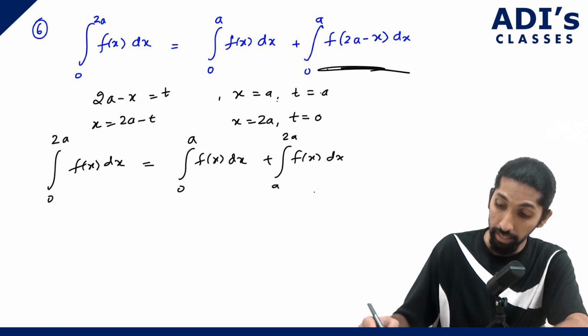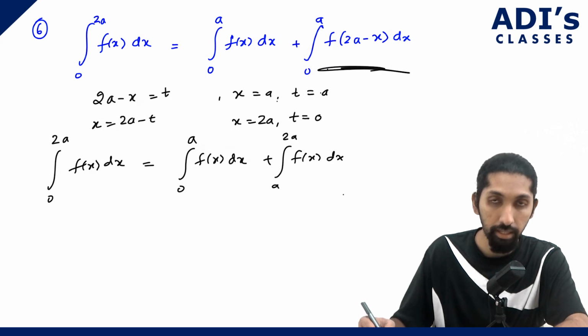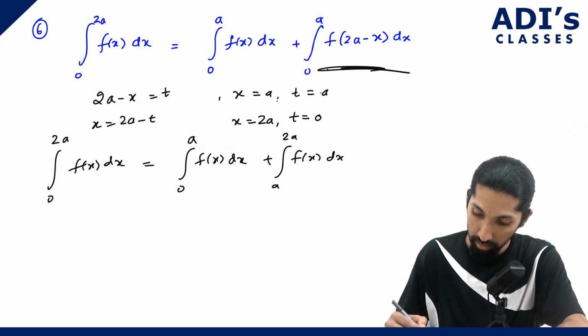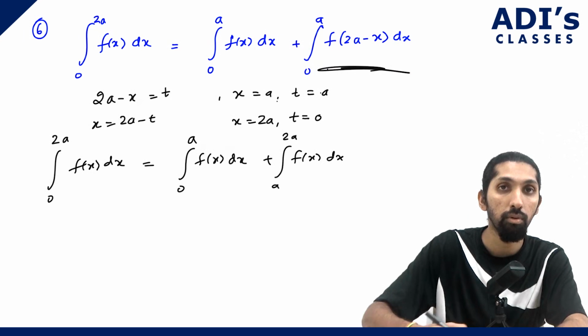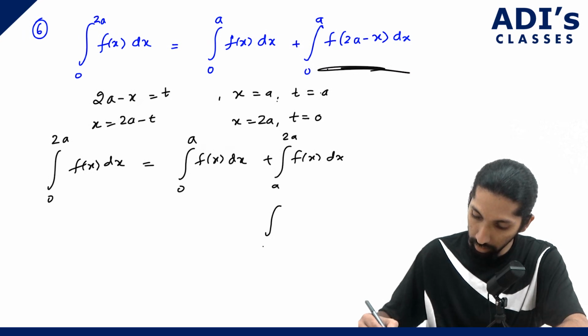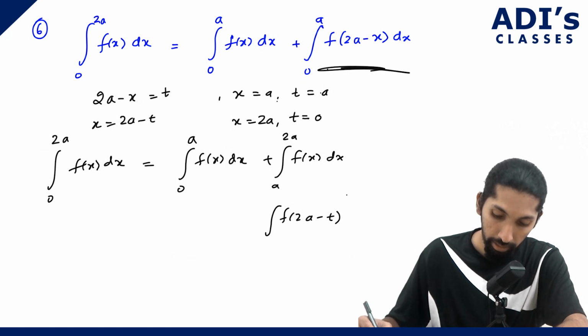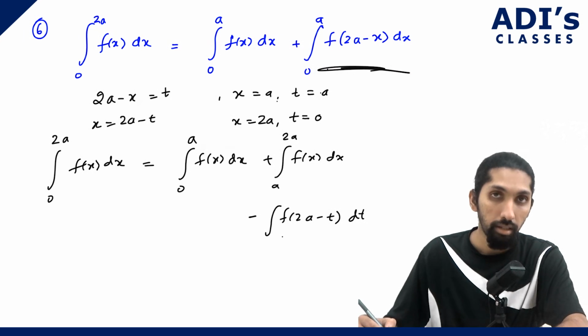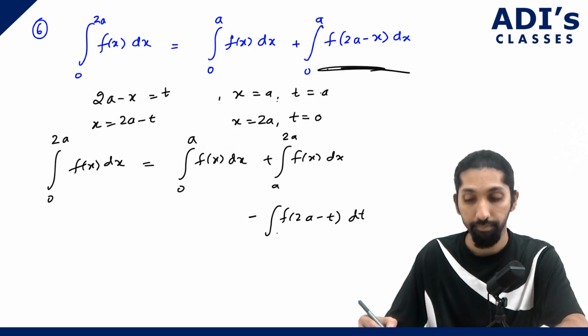Now take the right hand side, only the second integral on the right hand side. Take x as 2a minus t. So you have the integral of f of 2a minus t into minus dt. Dx becomes minus dt, isn't it?